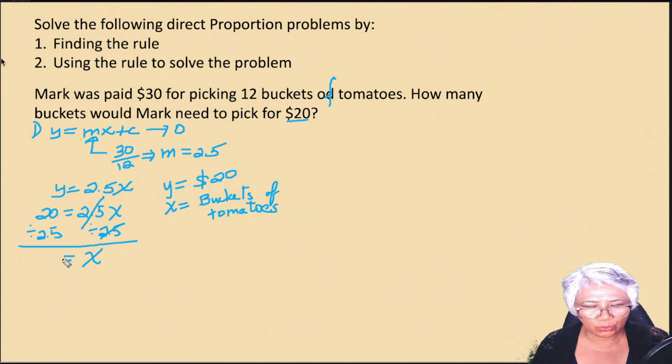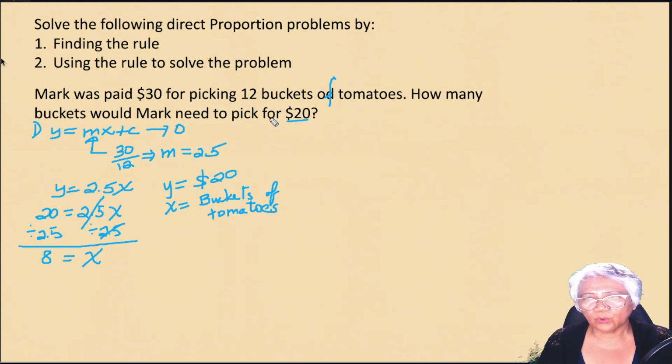And then 20 divided by 2.5, that is going to be 8. So 8 buckets Mark needs to pick for $20. So 8 buckets of tomatoes.